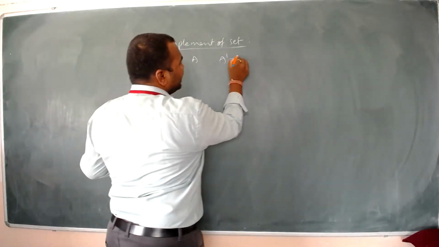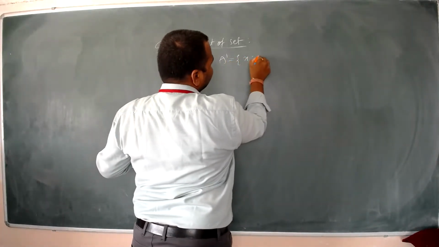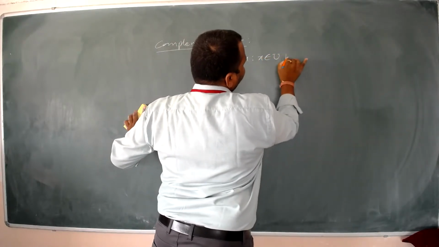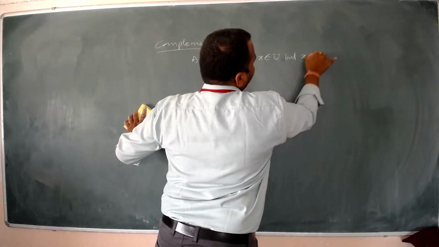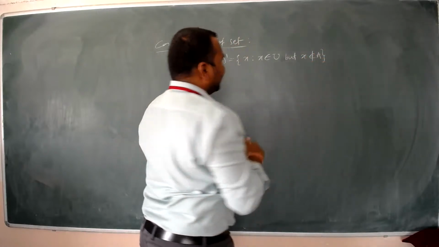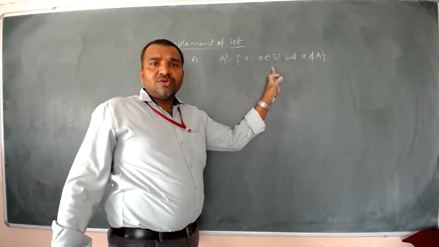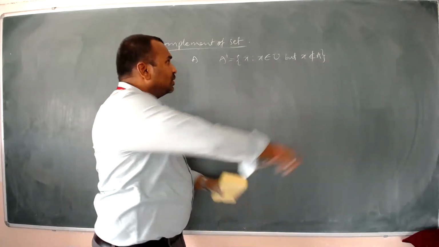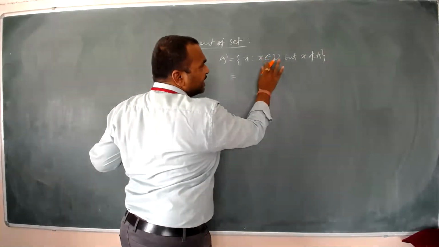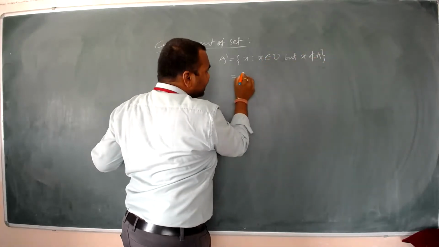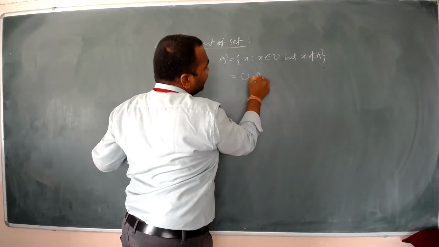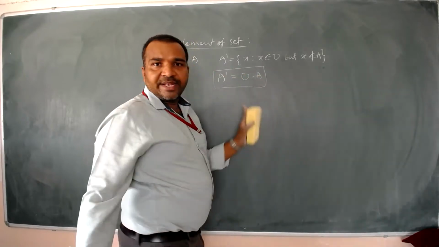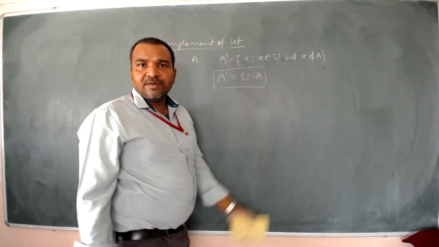So its meaning is A dash is equal to {x such that x belongs to U, but x does not belong to A}. The element should be present in U, meaning the universal set, and it is not there in A. So indirectly, it is there in U, it is not there in A. It is nothing but U minus A only. So A dash is nothing but U minus A.